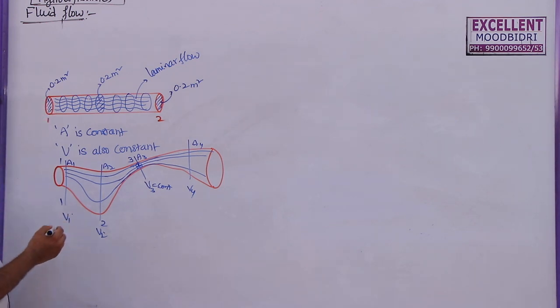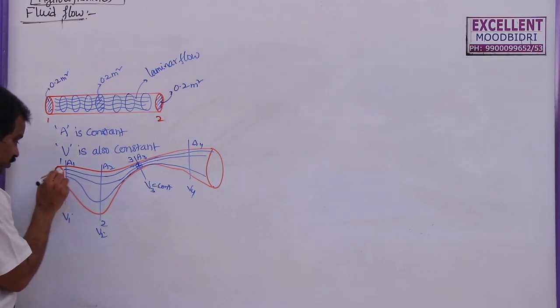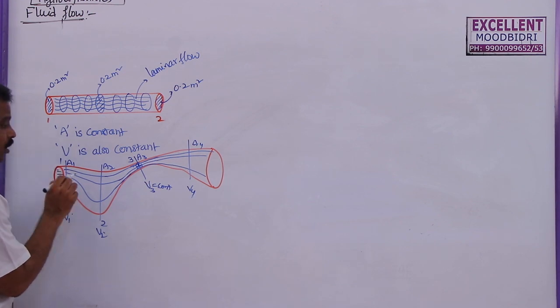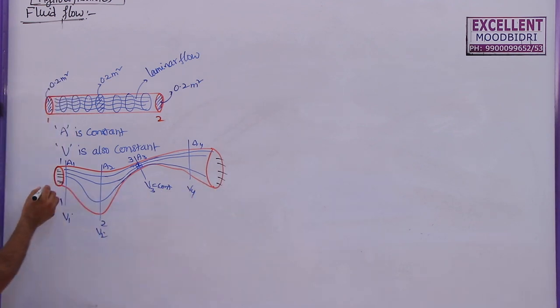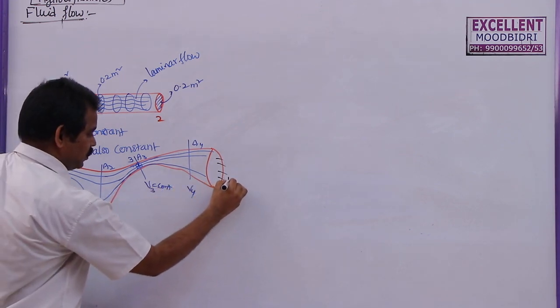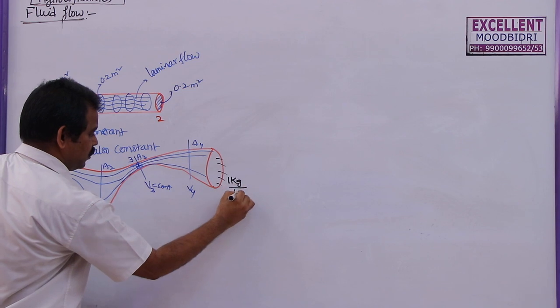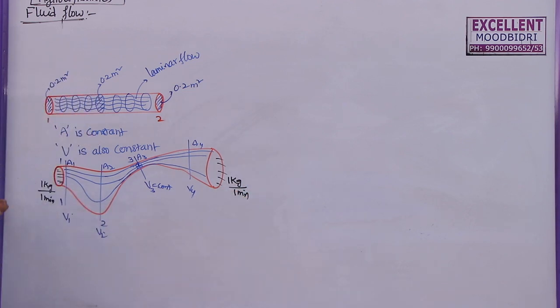Here what we are going to write: if you send 1 kg coconut oil through this one, and let us say I am sending 1 kg coconut oil for 1 minute, if I am able to collect 1 kg coconut oil in 1 minute, then we can say it is a laminar flow.